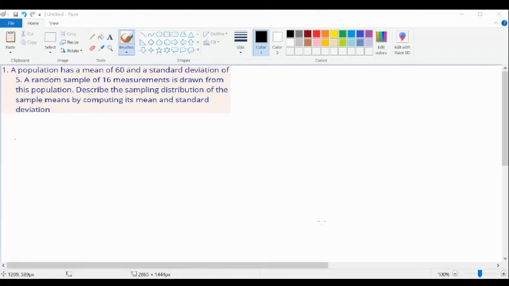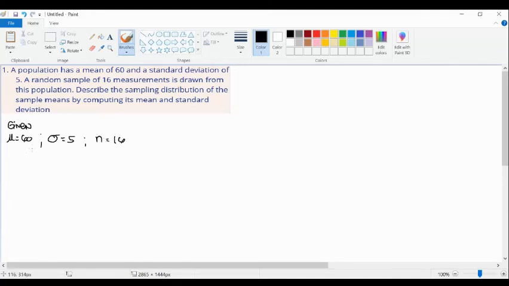Describe the sampling distribution of the sample mean by computing its mean and standard deviation. First, let's identify the given. We have the mean of 60, standard deviation of 5, and the size of the sample is 16.